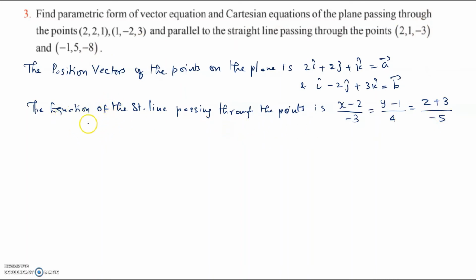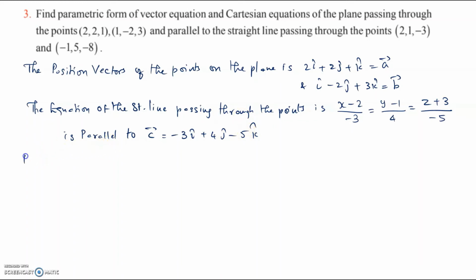Therefore, this line is parallel to vector C, which can be defined using the direction ratios minus 3, 4 and minus 5. So C is minus 3i cap plus 4j cap minus 5k cap.